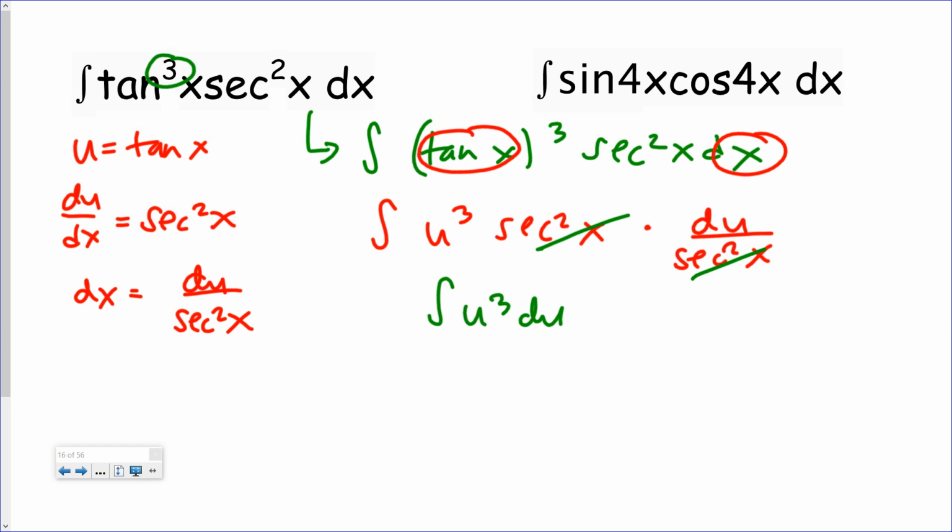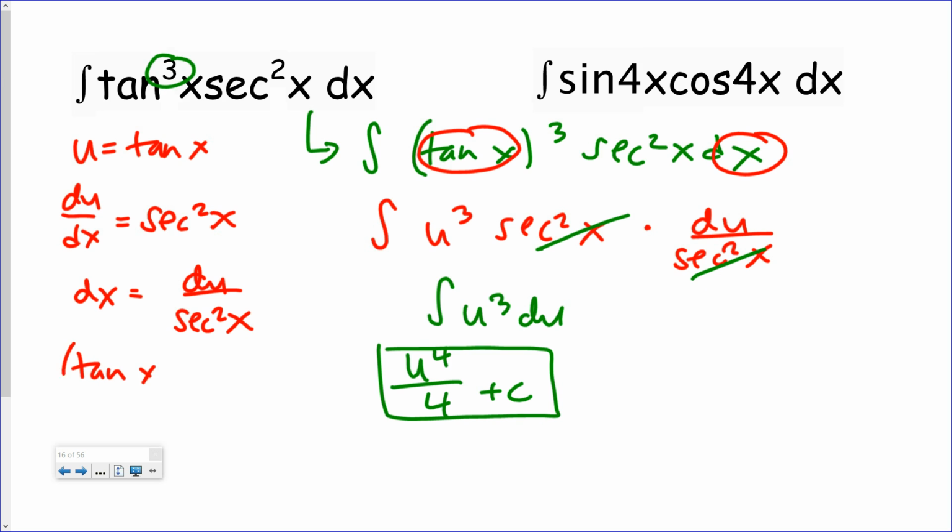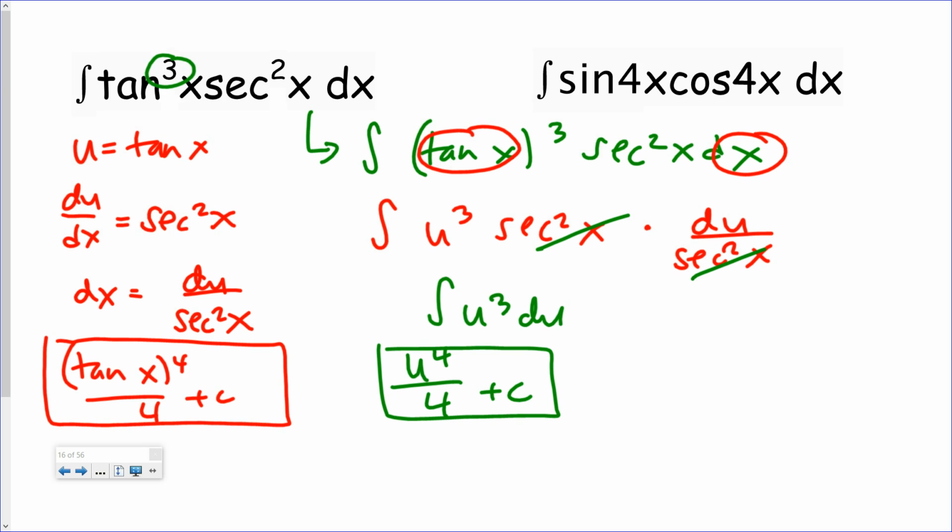Is this an easy reverse power rule problem or something on my pink sheet? Yes, easy reverse power rule. That's u to the fourth over 4 plus C, which is my answer. Just the wrong answer. What do I need to do? Put in what my u is, tangent x, plus C. You don't need to move that 4 forward unless you just want to. And there's my answer.